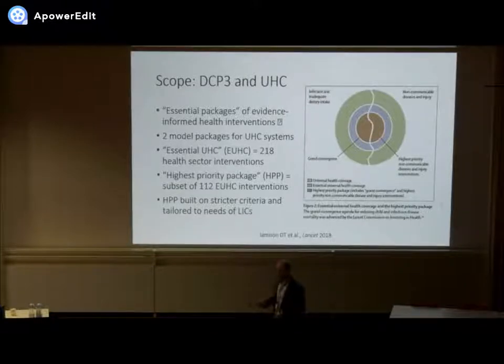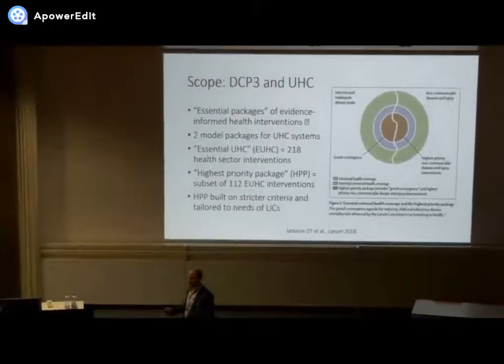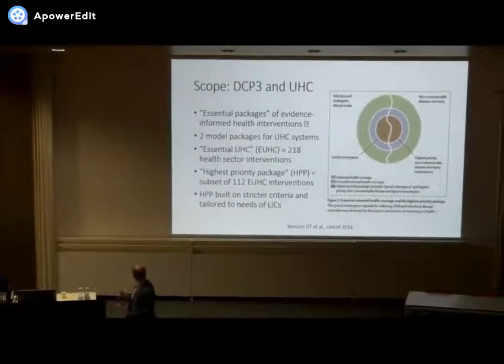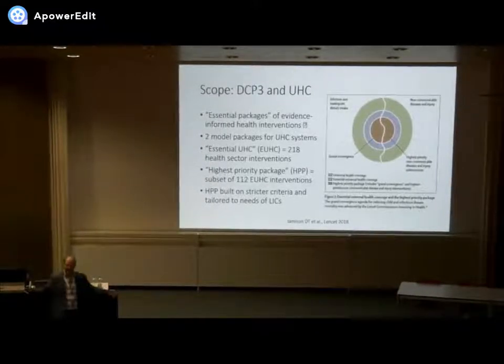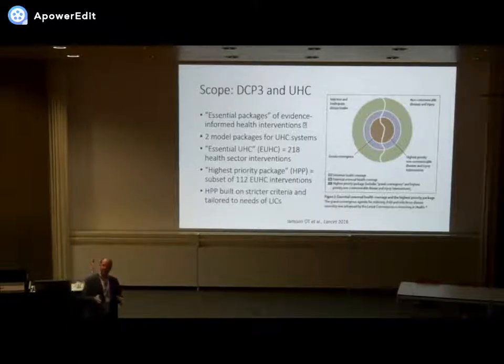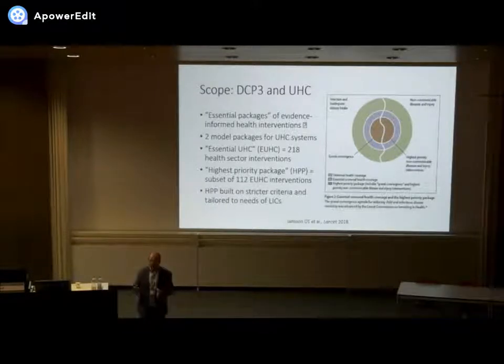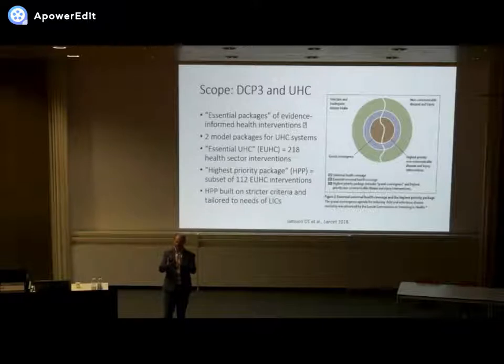So in the final stages of DCP3, when we began to synthesize all this work together and find out what this means for the SDG and UHC agenda, we created a series of 2 model UHC benefits packages that aggregate, synthesize and harmonize all these interventions across the different professional communities to try to come up with one coherent vision for UHC. So we define UHC not in the whole sort of idea of UHC, but a focused definition called essential UHC, which is a health benefits package that's guaranteed, prepaid to all the population.